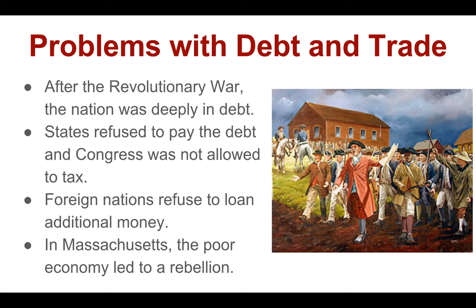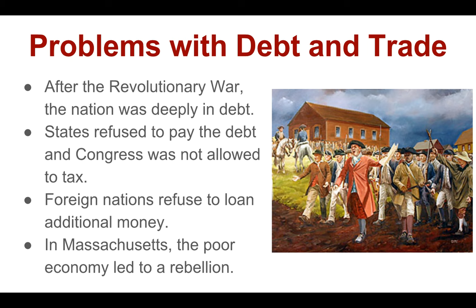The biggest possible example of this was problems with debt. After the Revolutionary War, the nation was deeply in debt. We had borrowed a lot of money to pay for this, and the states refused to pay that debt. They said this was another state's problem, that Massachusetts should pay this debt because that's where some of the fighting was, or Georgia doesn't want to pay it because Georgia had participated in less fighting.